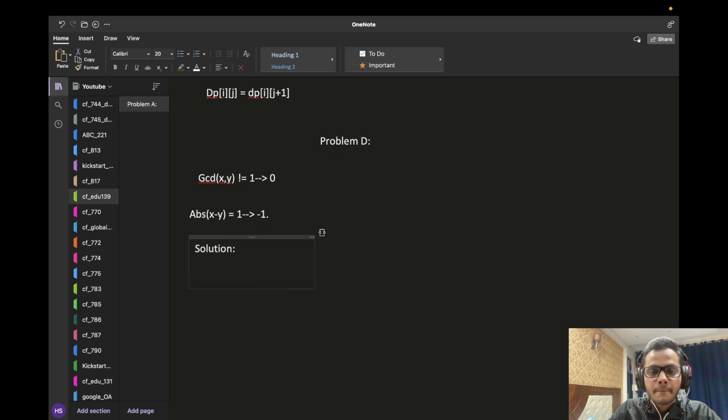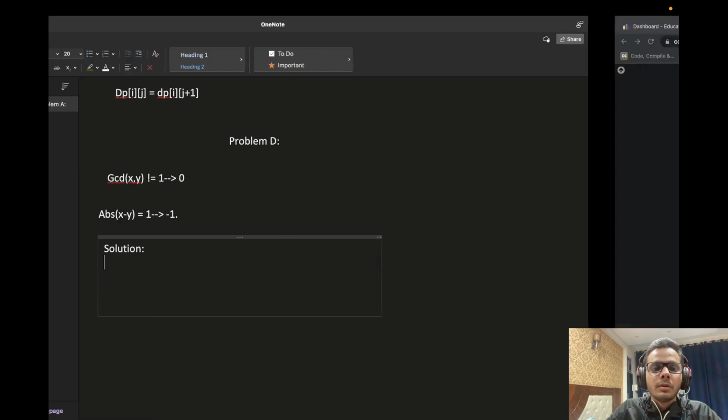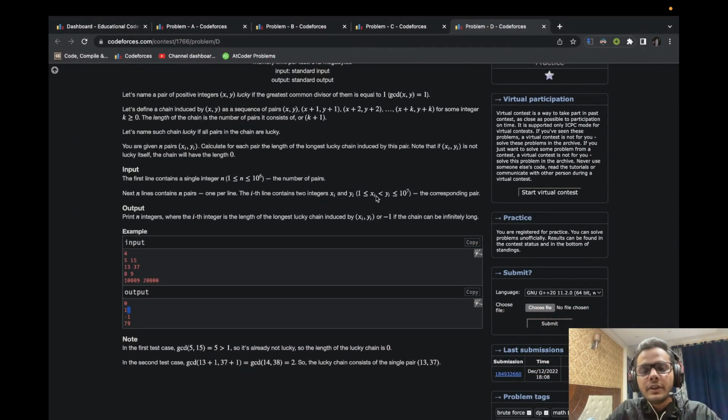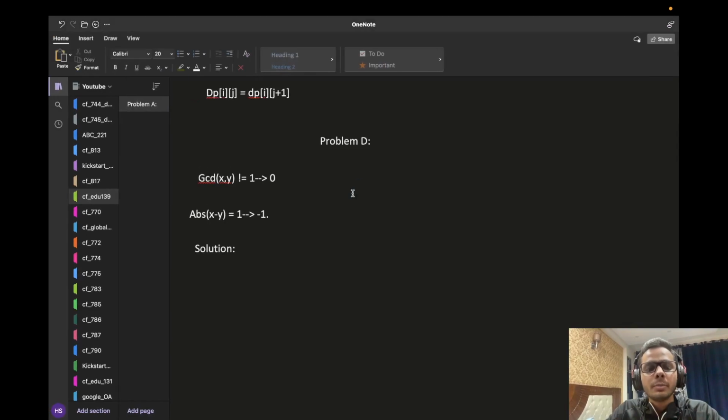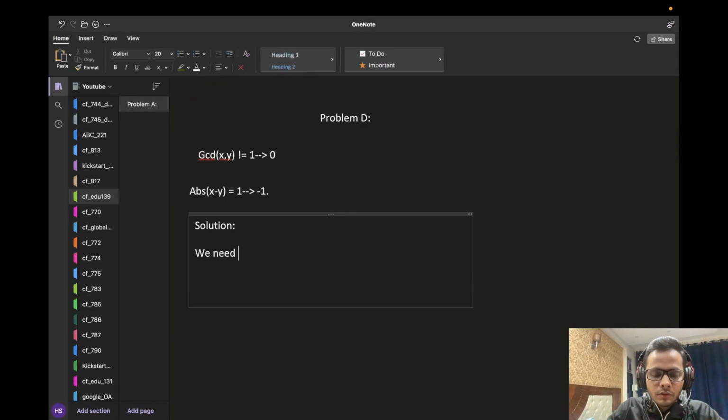So how to solve this problem? We need to look at, starting from x comma y, what is the first value of k when GCD of xi plus k and yi plus k will not be 1. So we need the smallest k such that GCD of x plus k and y plus k is greater than 1.